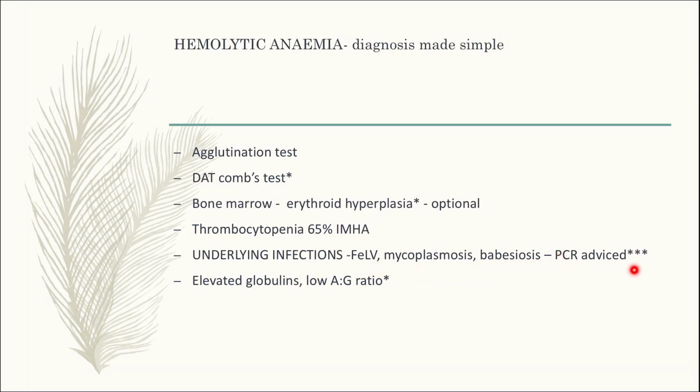PCR is often advised, because to treat IMHA, if you have ruled out everything and you have diagnosed with IMHA, the treatment is going to be steroids. If you haven't ruled out underlying infection, then it will make the situation really worse. In order to diagnose FeLV, because this virus likes actively dividing cells, they tend to often go and settle in bone marrow.